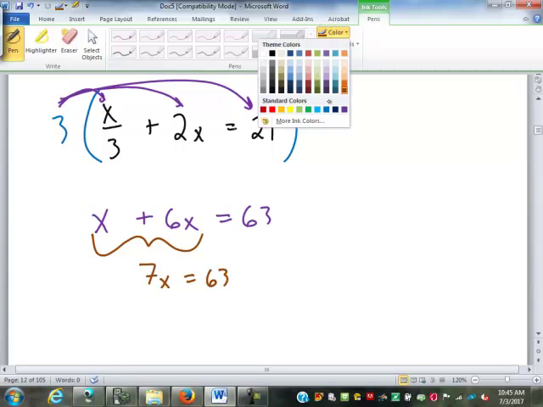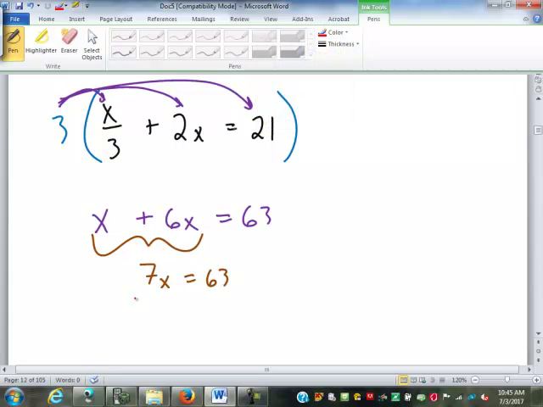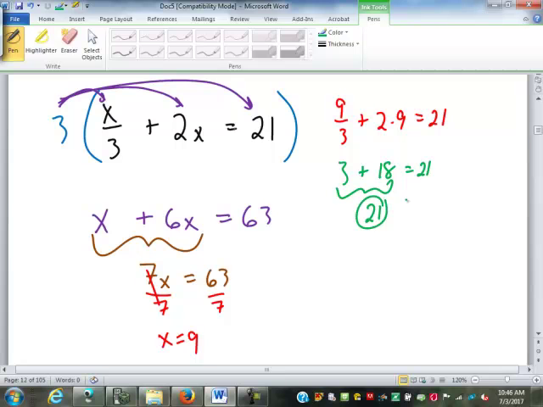So 7x equals 63. We divide by 7. Good. x equals 9. And we could test that out. 9 over 3 plus 2 times 9 equals 21. 9 over 3 is 3. 2 times 9 is 18. And yes, that does equal 21.